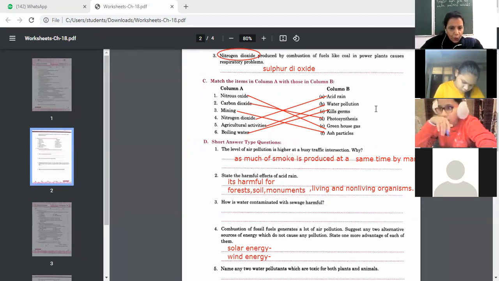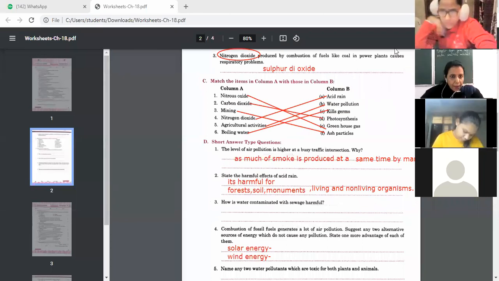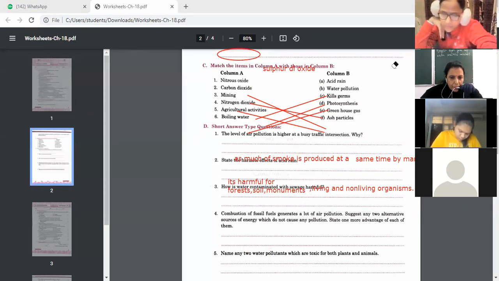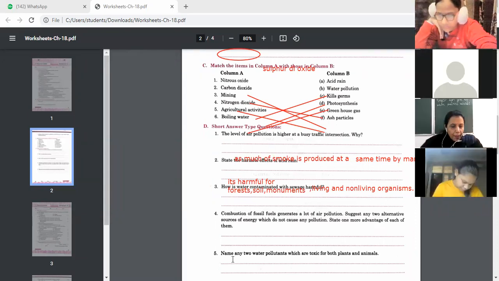Next, name any two water pollutants which are toxic for both plants and animals. Ma'am, can I tell? Yes. Ma'am, lead and fluoride. Yes, I want the names of two pollutants only, which are harmful for plants and animals.